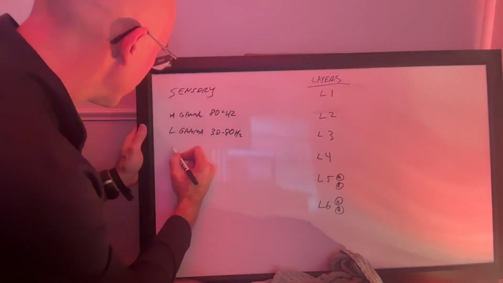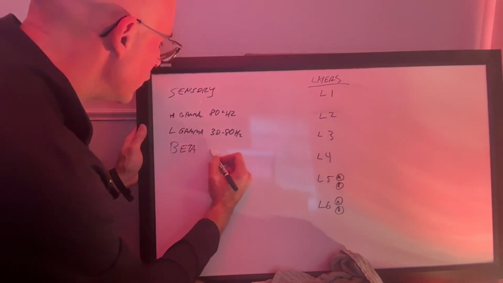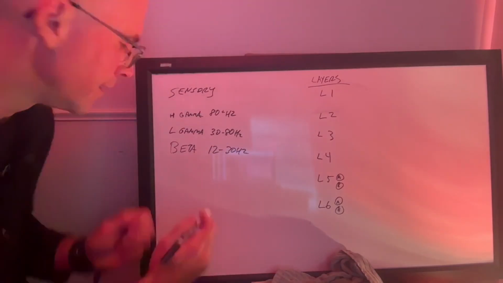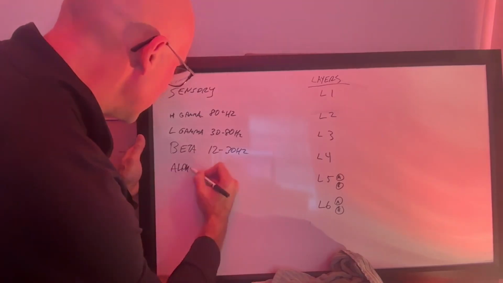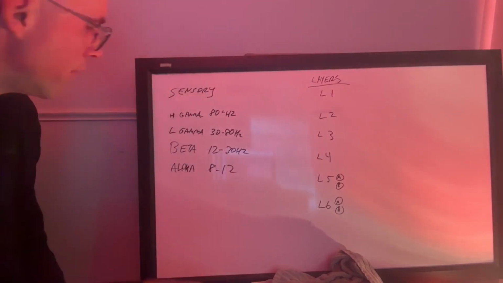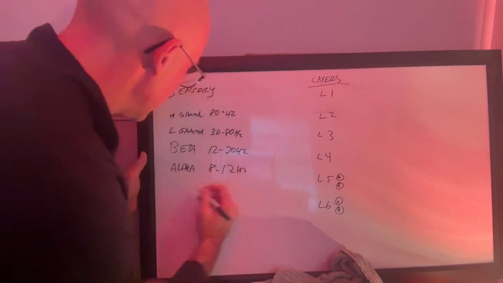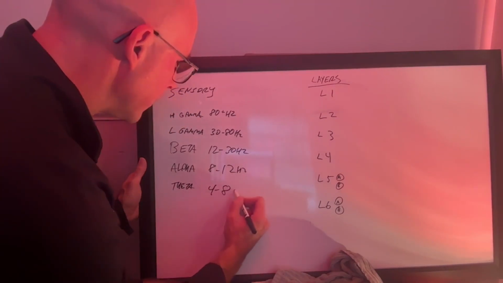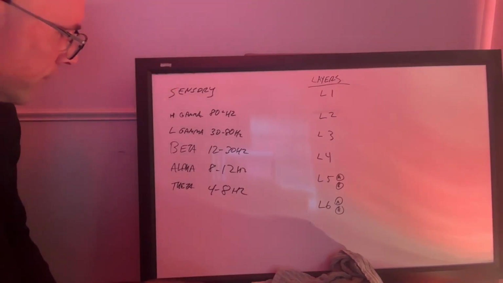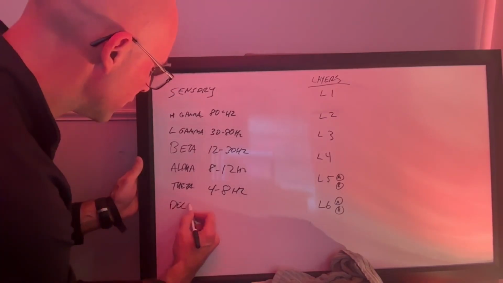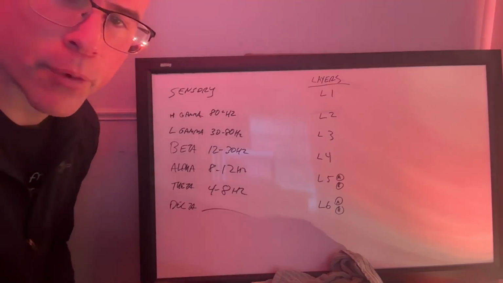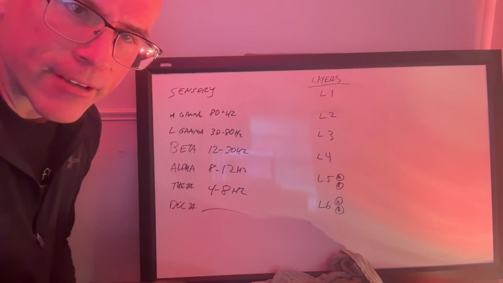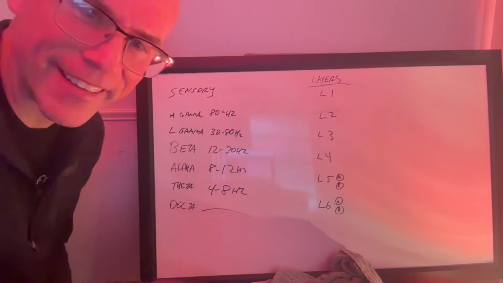Beta, let's say 12 to 30 hertz. Alpha, 8 to 12 hertz. Theta is 4 to 8 hertz. And then delta, where you're probably sleeping or some sort of psychedelic maybe in that state.